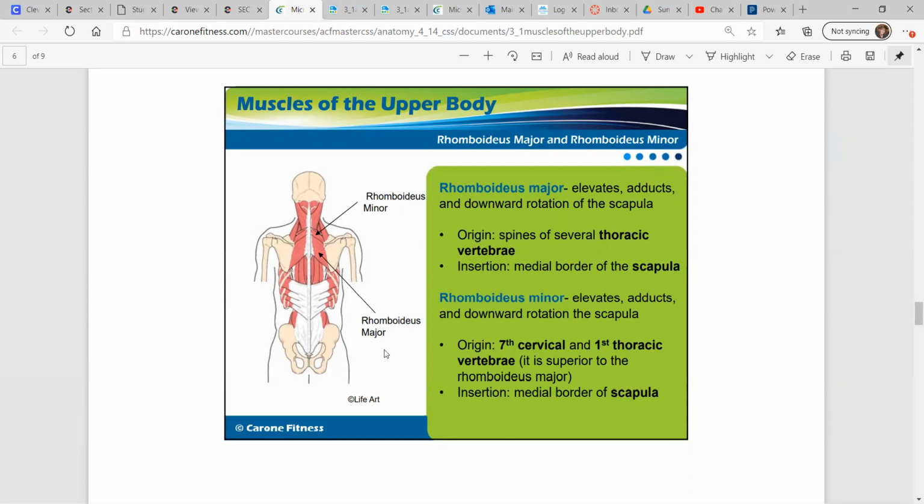Origin at the 7th cervical and 1st thoracic vertebrae. So if you remember how we named the vertebrae, how they're divided into certain regions, that's where it originates. And then the insertion point, medial border of scapula.